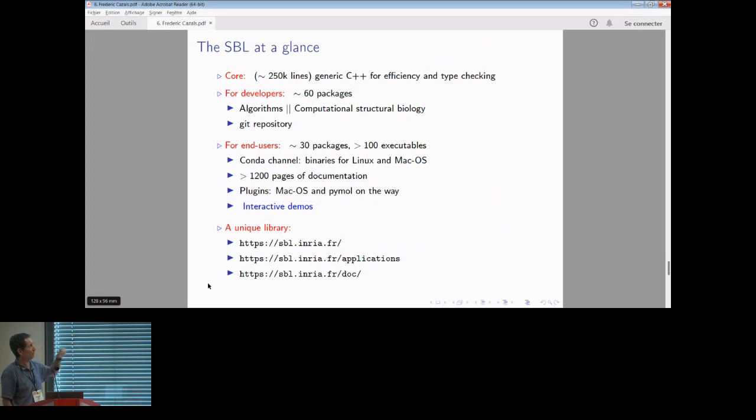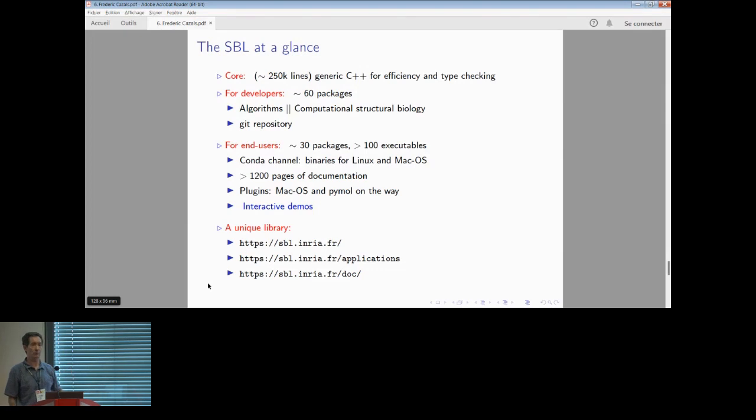And so for developers, there are, let's say, 60 different packages which are ascribed to algorithms, geometry, topology, graph theory, optimization, etc., and also to computational structural biology to represent force fields, compute molecular distances, and so on and so forth. For end users, there are like 30 packages with more than 100 executables solving specific problems.